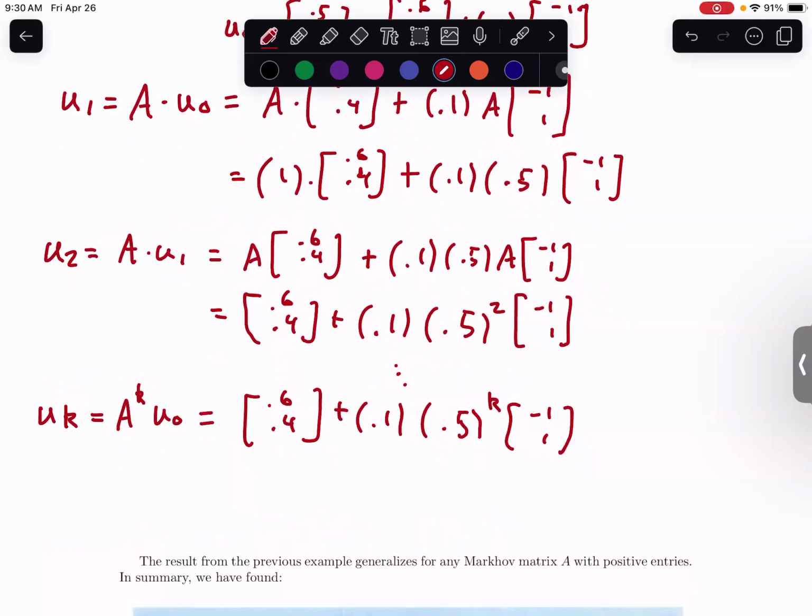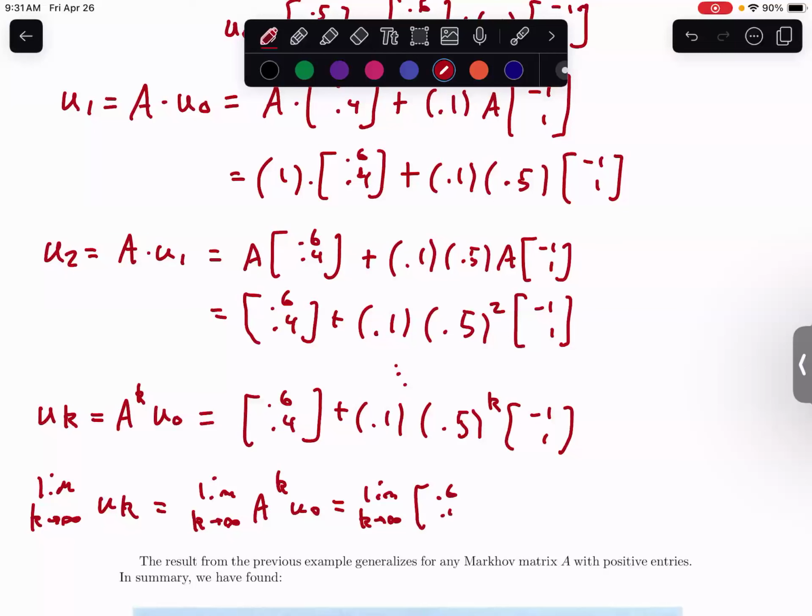And so with this in mind, let's consider the limit as k goes to infinity of u_k. This is equal to the limit as k goes to infinity of A to the kth power times u naught. This is the limit of what I have written above: the limit of 0.6, 0.4 plus 0.1 times 0.5 to the k times minus 1, 1.